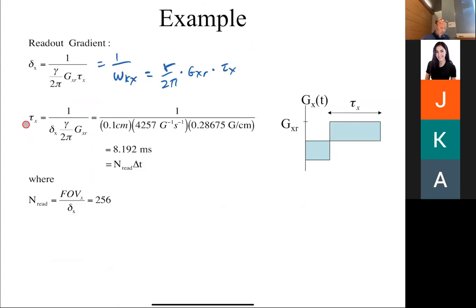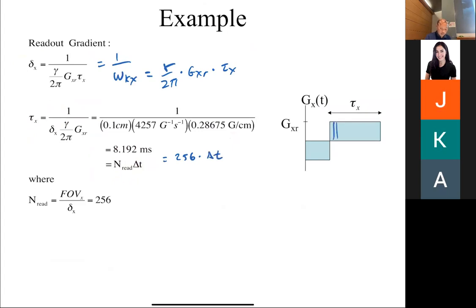If I plug that in, I get 8.192 milliseconds. This turns out to be 256 times delta T.